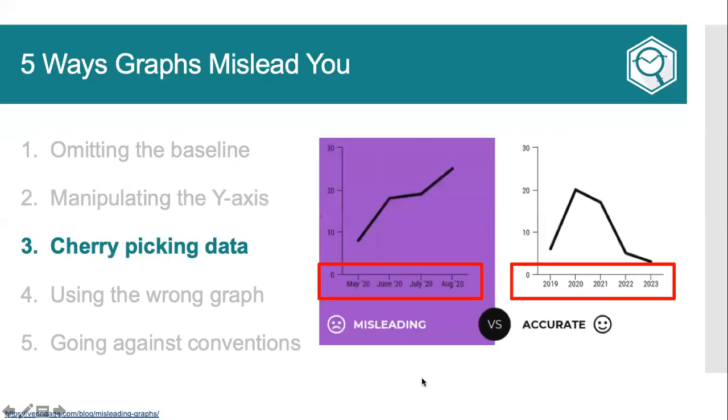You can also cherry pick your data. Sometimes writers may only include certain data points or a certain subset of data to reinforce a very specific narrative. So what's happening in this example?